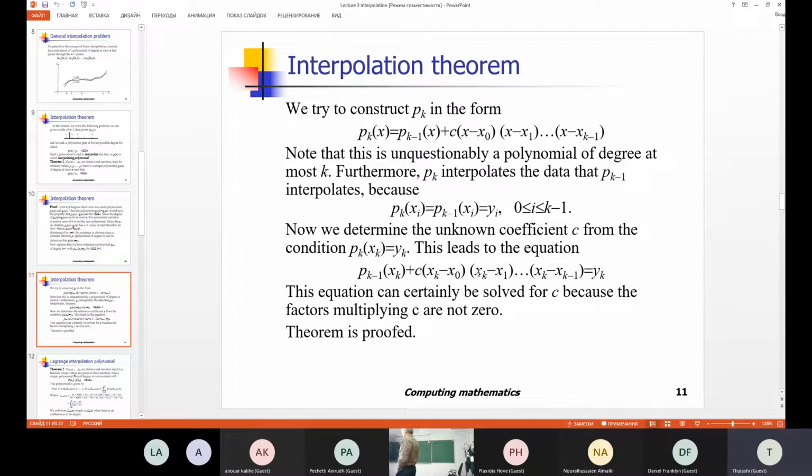First of all, this polynomial is a polynomial of degree k, because P_{k-1} is a polynomial of degree k minus 1, and the last term has a power k. And moreover, Pk interpolates the data that P_{k-1} interpolates.